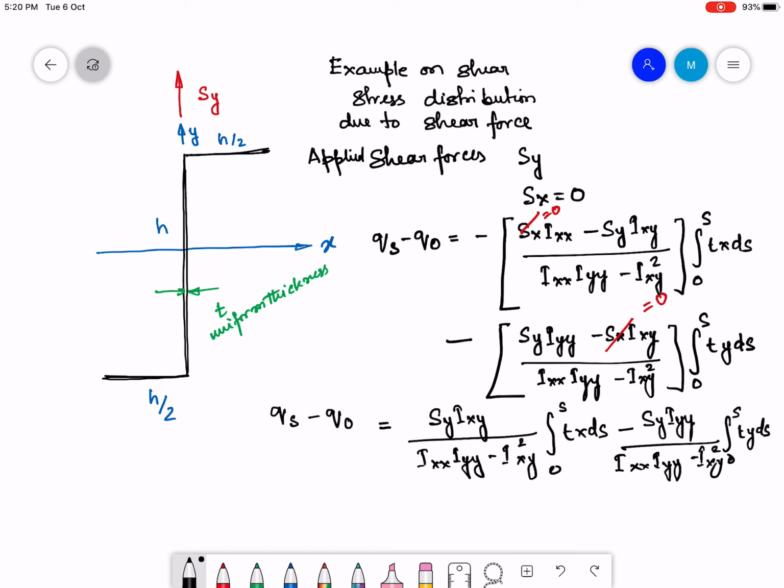Now we have to assume that Sy is known to us. The first thing we need to do is find the sectional properties Ixx, Iyy and Ixy. So let us try to find that.